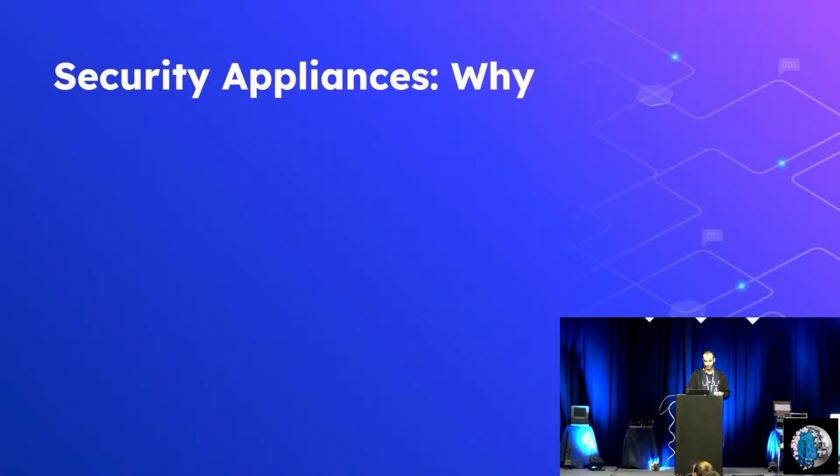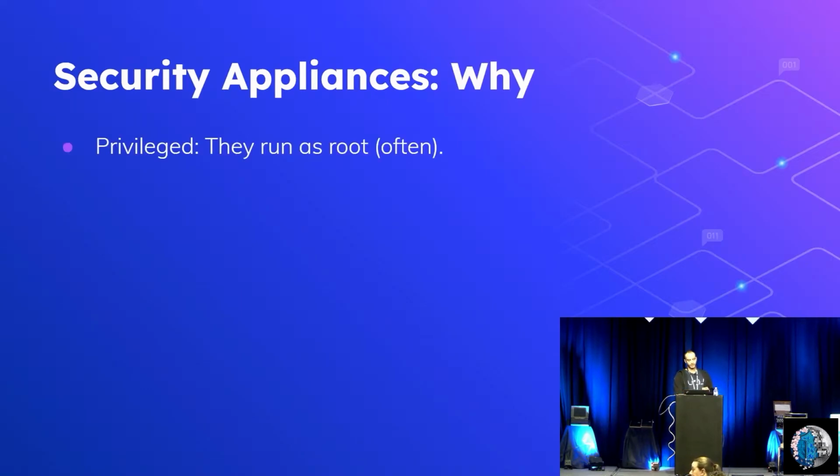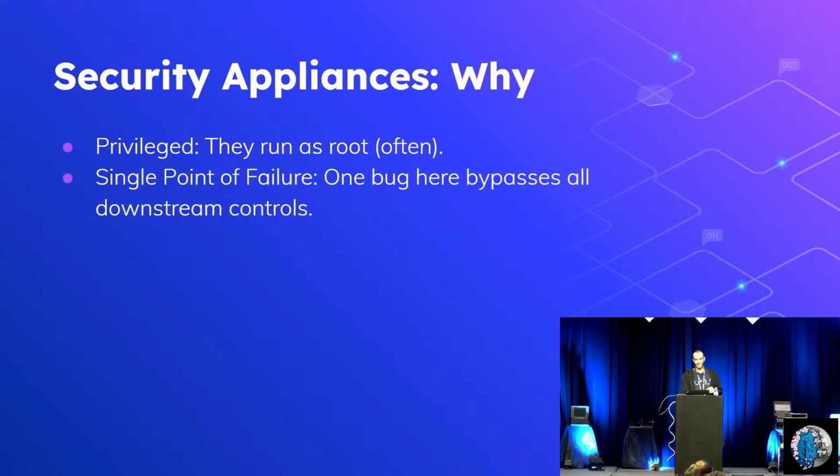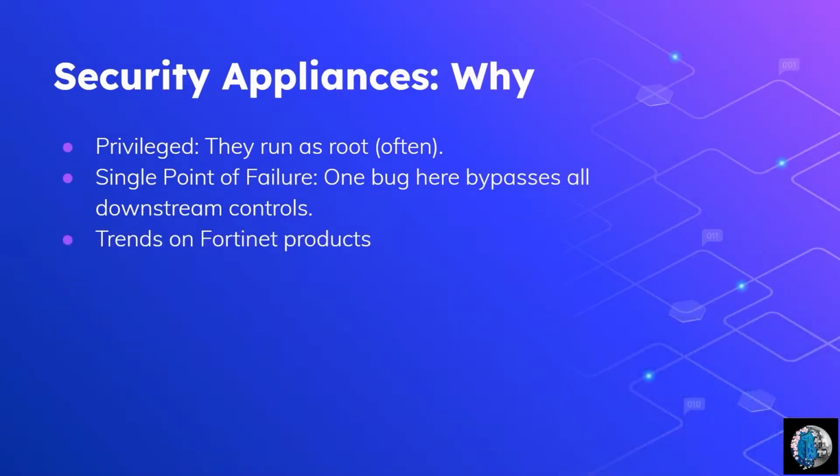So security appliances, why? Well, first of all, they often run as root, as funny as it may sound. The second reason is that this is a single point of failure. One bug here bypasses all downstream controls. The third reason is that I noticed a certain trend or pattern in Fortinet products.